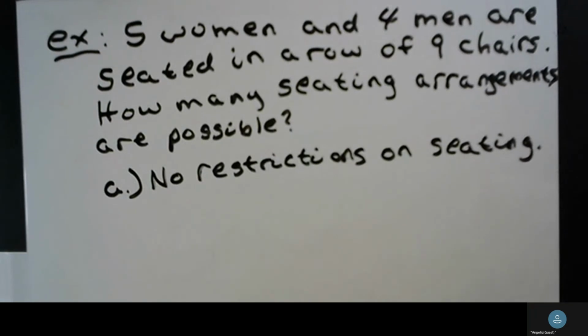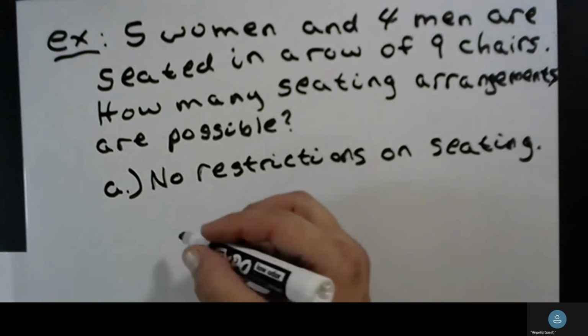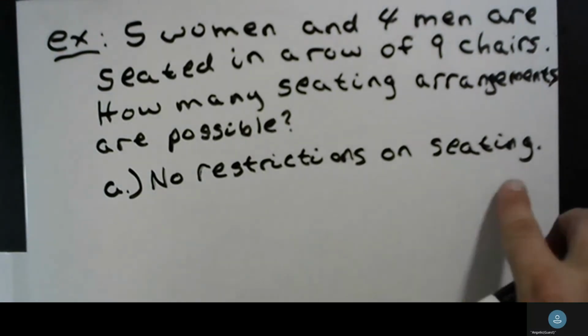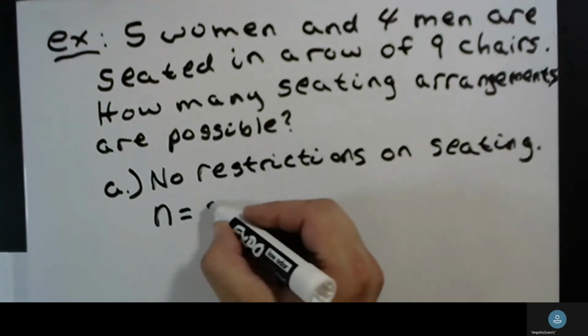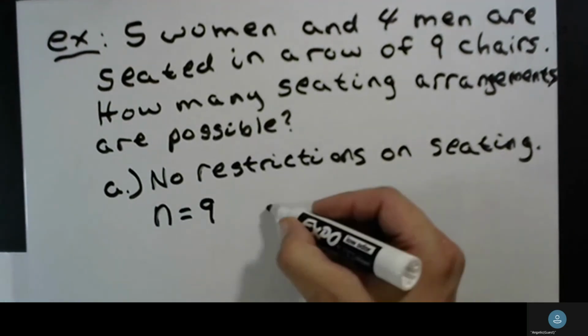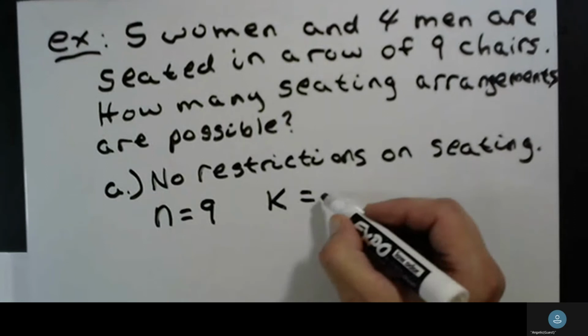So it could be first come, first serve, could be picking people by lottery. You have your ticket, you go in seat 1, your ticket go in seat 2. So the way this works, there's no restrictions. We're going to have a total population of 9, and we're going to choose 9.